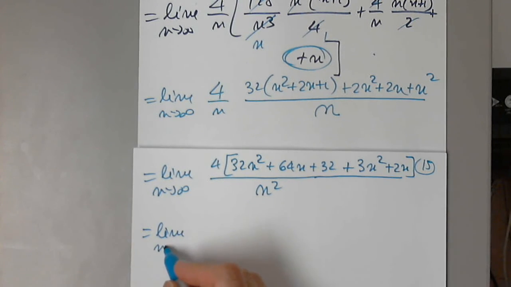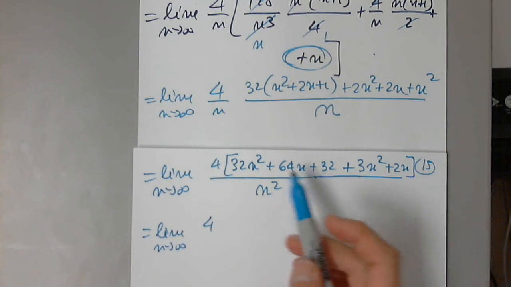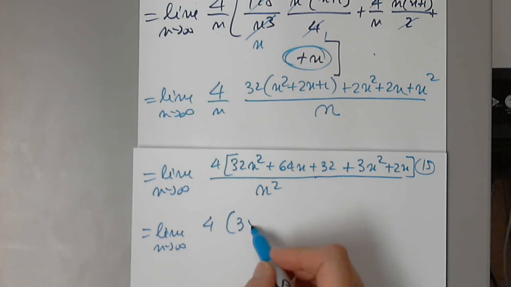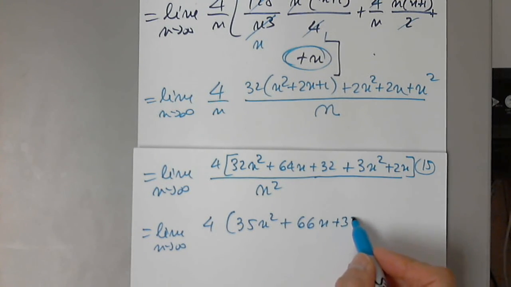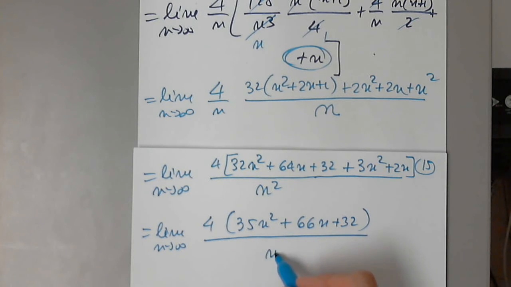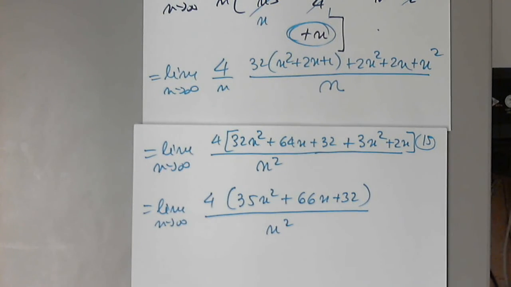Finally, limit as n approaches infinity of 4 times 35n squared plus 66n plus 32 divided by n squared. If we remember from pre-calculus what this equals, if we don't, we have to apply L'Hopital's rule twice. But since it's same degree over same degree, where will this go? 4 times 35.